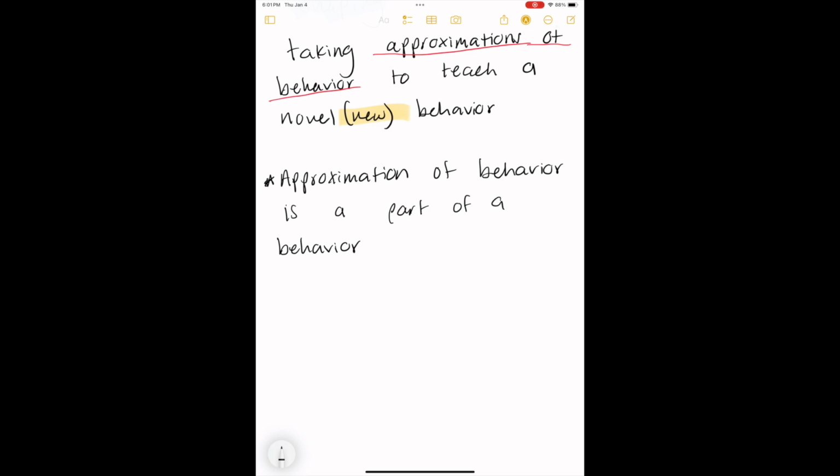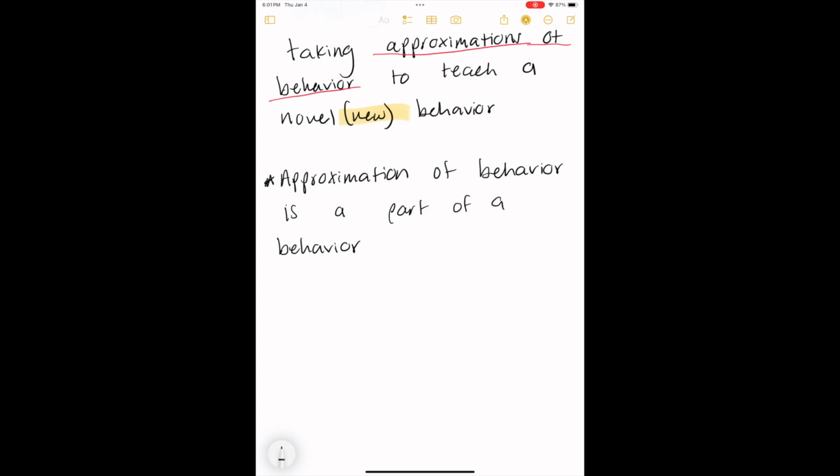So you might have a child who has a speech impediment or is learning how to speak. So if you want them to say the word book, right?